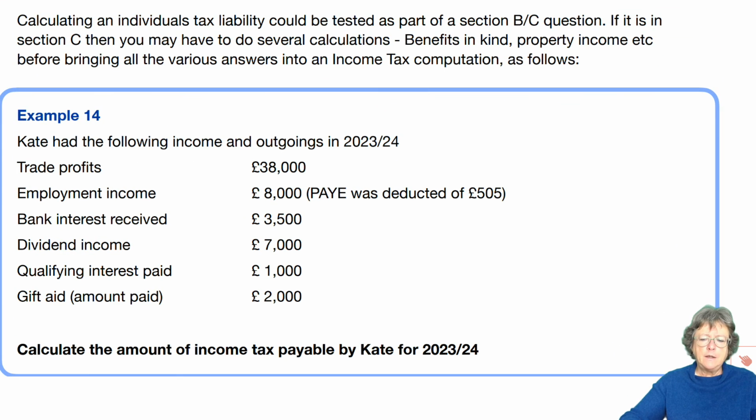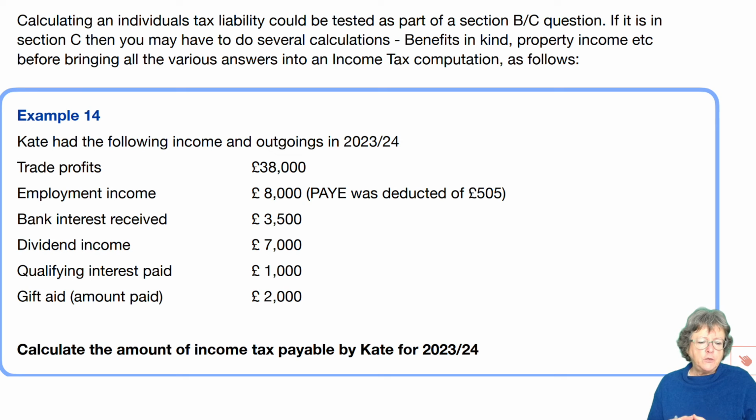And here is a larger section B, section C question, where sometimes you have to do several calculations. You might have to work out benefits in kind, which you'll see in a different chapter, some property income, which you might see in a different chapter, and bring them all together into an income tax computation.